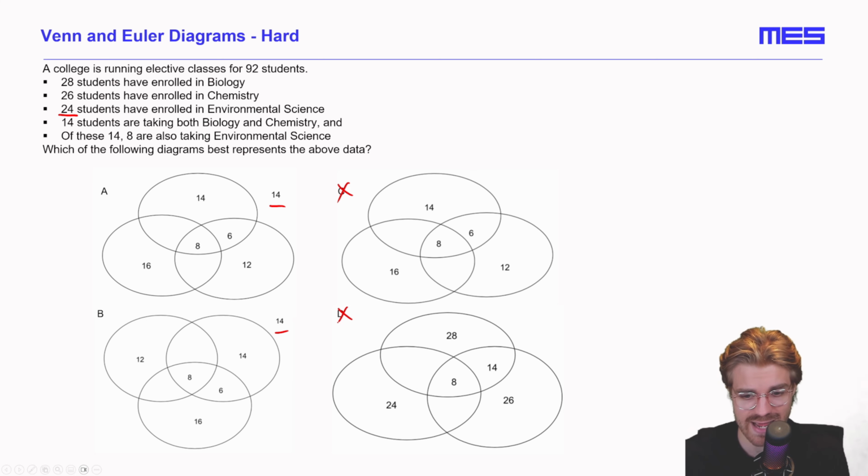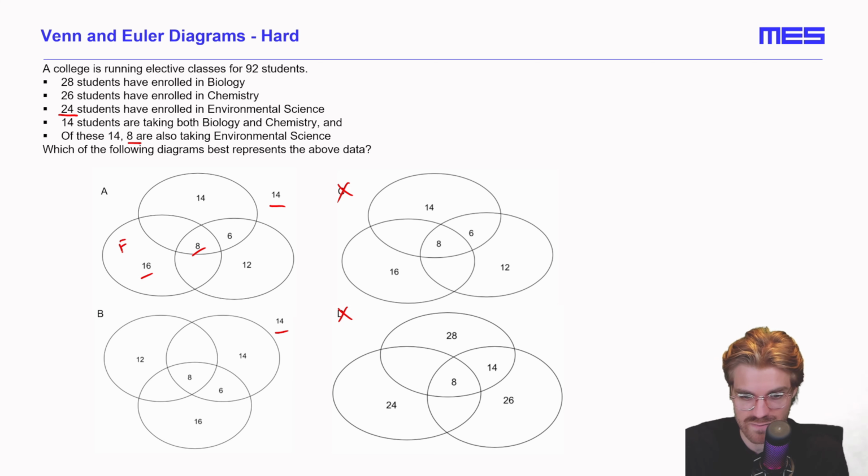Let's then take a look at the next step. What I'm going to focus in on is the combinations on the Venn diagram. I'm not going to start trying to work out different permutations of 28 and how we could create 28. I'm going to look at this. I'm going to do 16 plus 8, and I can see that 8 is these individuals that are doing environmental science, biology, and chemistry, the overlap between all three. 16 plus 8, oh, fortunately, that equals 24.